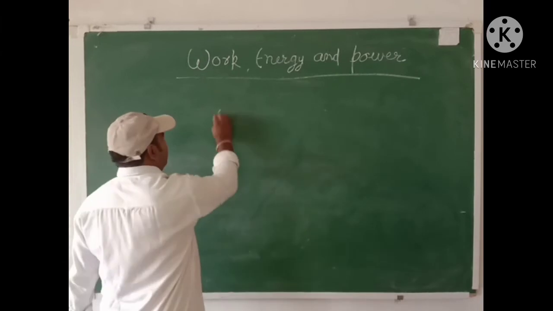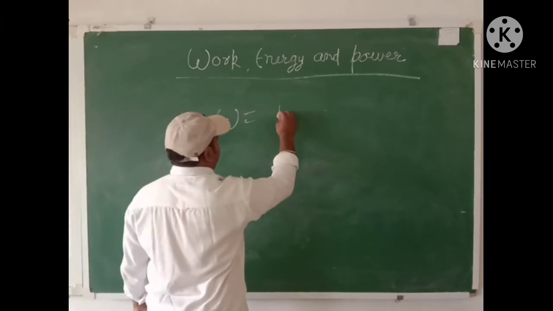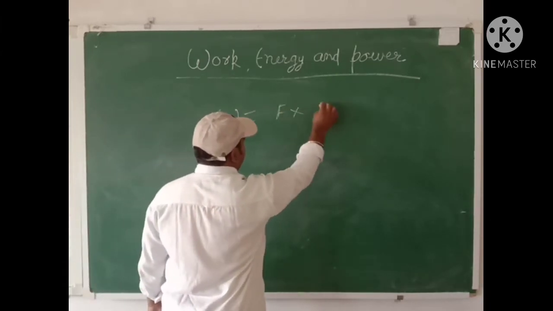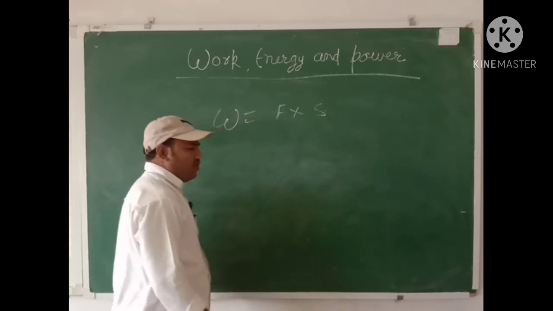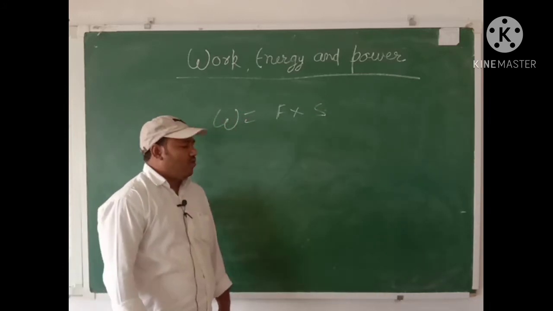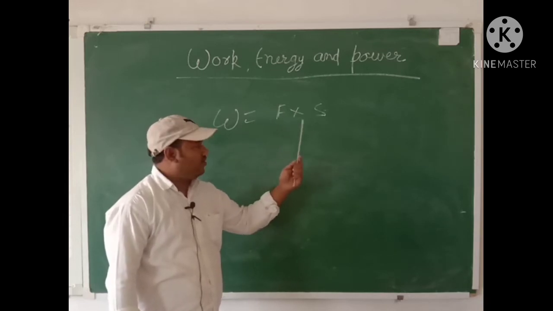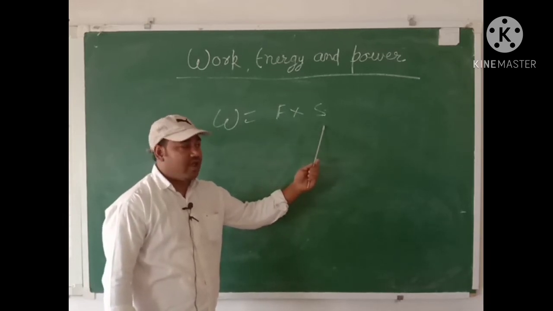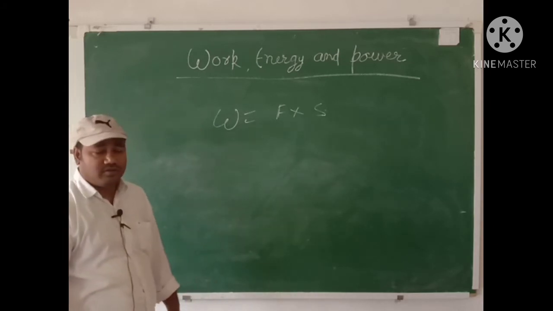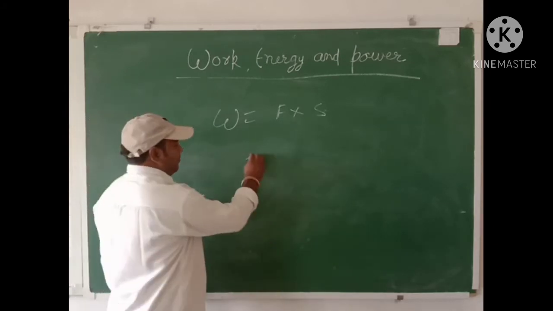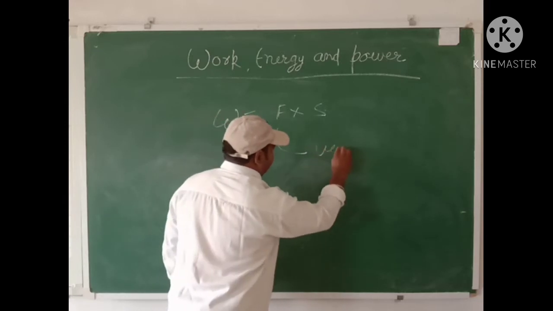Now work, we write the product of force and displacement. If I ask you whether force is a scalar or vector quantity, or displacement is a scalar or vector quantity, and what about work? See, force is a vector quantity. Why?